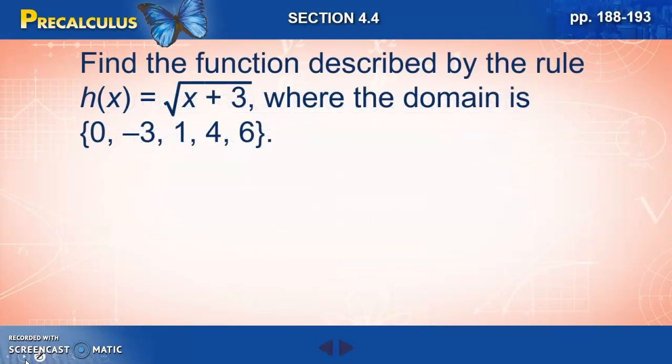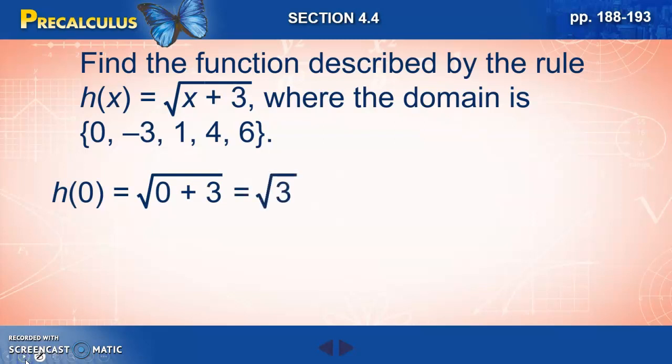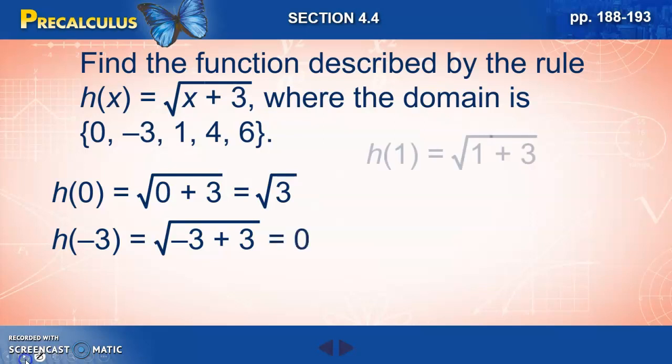Let's find the function described by the rule h of x equals root of x plus 3, where the domain is 0, -3, 1, 4, and 6. We're going to plug in each of those values and simplify. So when we plug in 0, we get square root of 3. When we plug in -3, we get the square root of 0, which is 0.